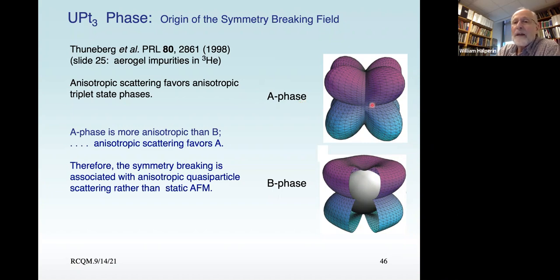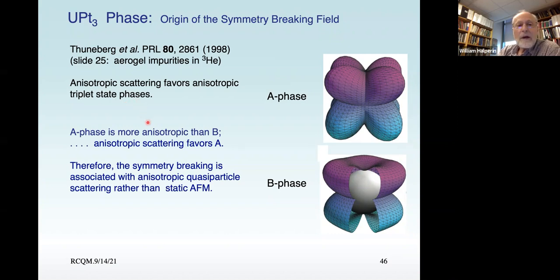If you look at the A phase, it is more anisotropic. You can look at the nodal structure, equatorial and longitudinal nodes, whereas the B phase is clearly more isotropic. So you might expect from the theory that is valid and demonstrated for aerogel impurities in helium-3, the theory of Thuneberg et al., that's slide 25 if you're counting, that anisotropic scattering favors anisotropic triplet states.